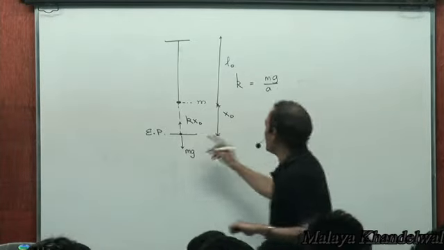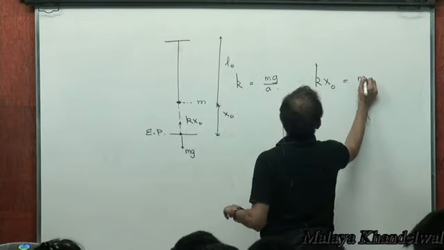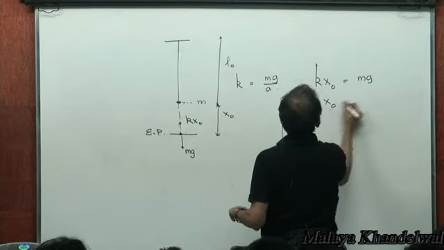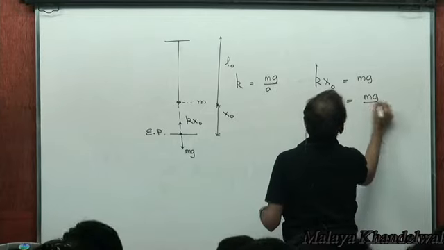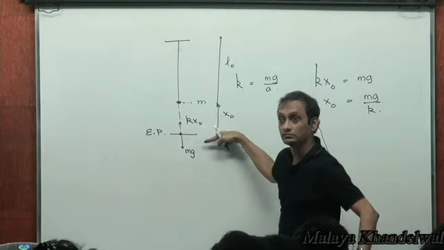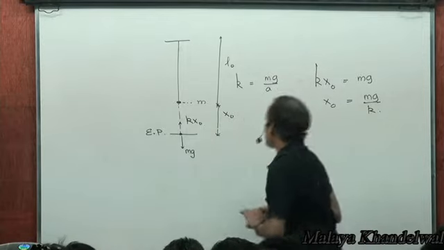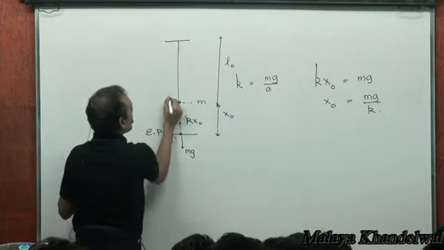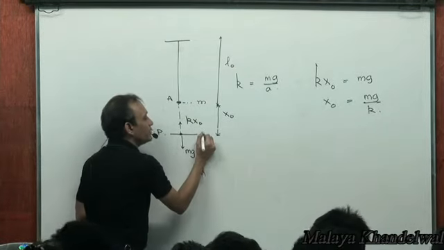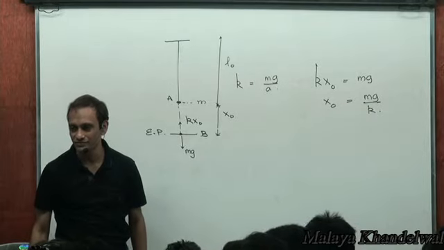When mg becomes equal to the spring force, that's the equilibrium position. So the equilibrium position is given by kx naught equal to mg. That means when the mass has descended by an amount mg by k, the equilibrium position is attained. But all along, from the initial point A to the equilibrium position, mg has been larger than the spring force.